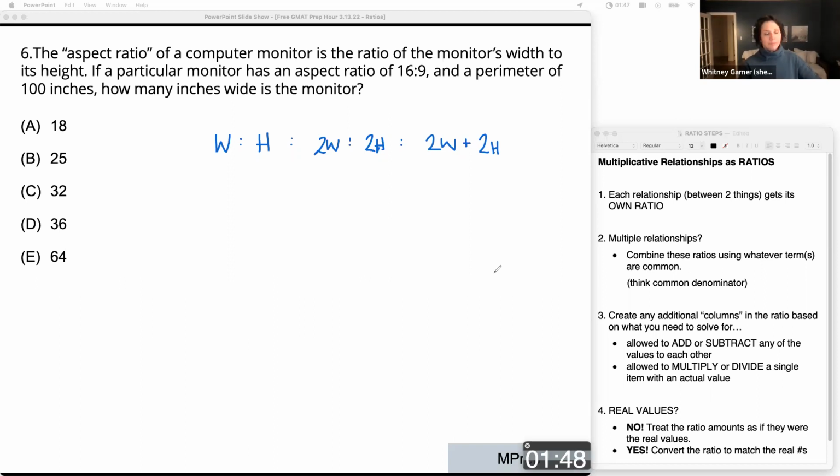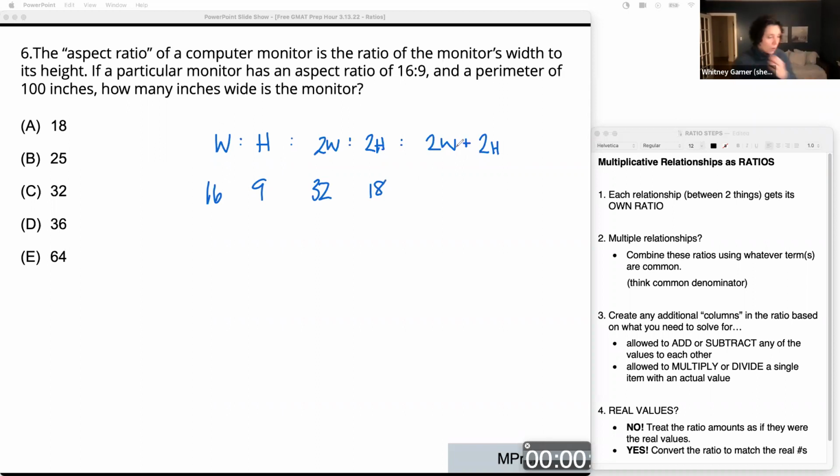Side note. So if my perimeter, that's additive, I can still build off this aspect ratio. So if my width is 16 and my height is 9, twice my width would be 32, twice my height would be 18.